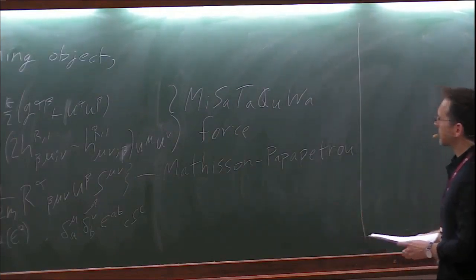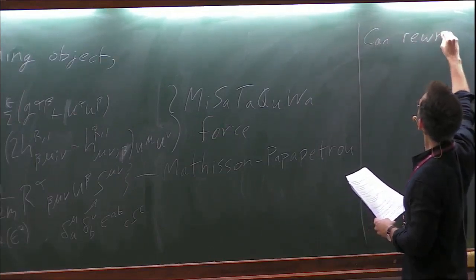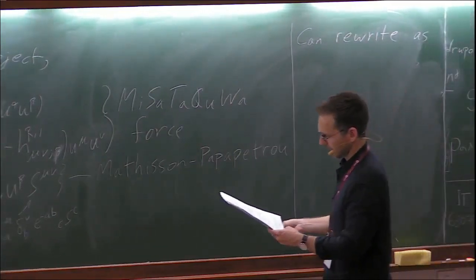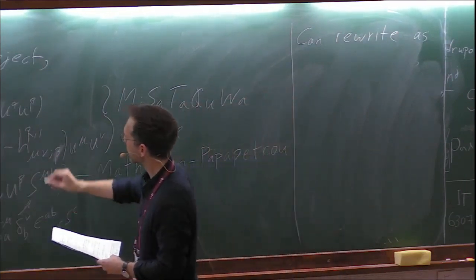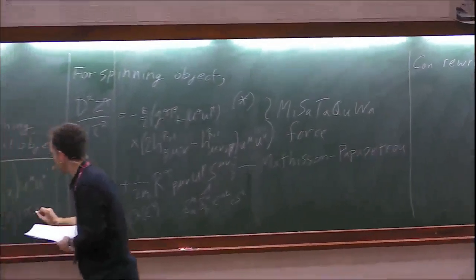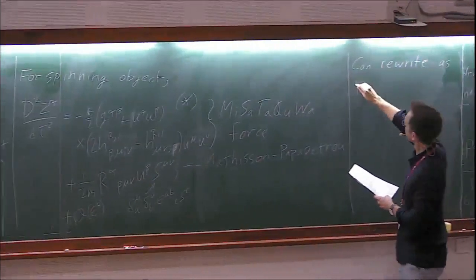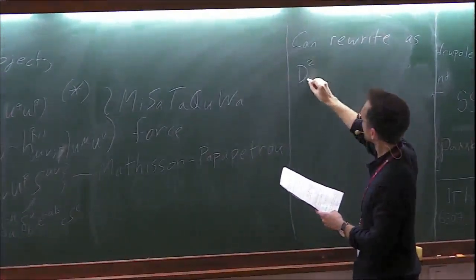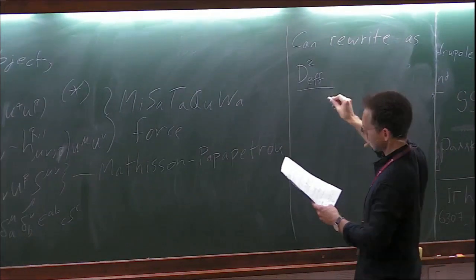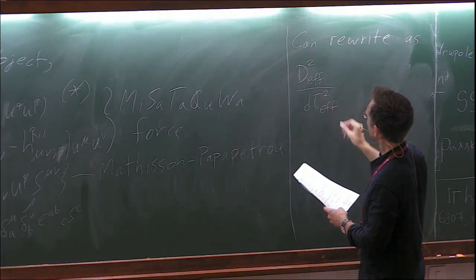Okay, now you can rewrite these in a very suggestive form. So let me call this equation here, star, and this equation 2 stars. So the star equation we can rewrite as second derivative in the effective metric, g plus hr, d tau squared in the effective metric again.